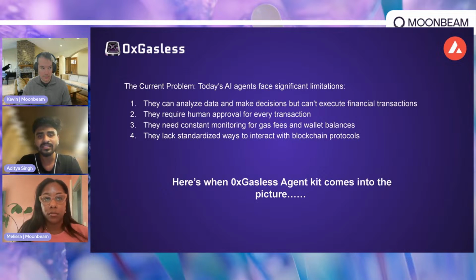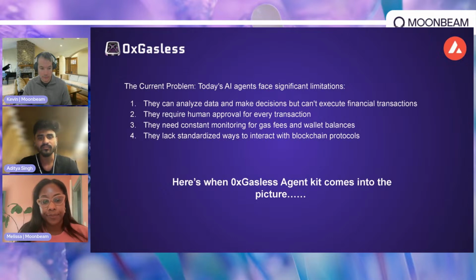Now, the wallet balance is the question: when you have to do transactions through AI agents, you have to fund a significant amount into the wallet address associated with the AI agent. Also, as we know, they lack standardized ways to interact with blockchain protocols.